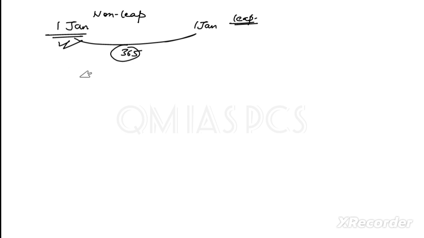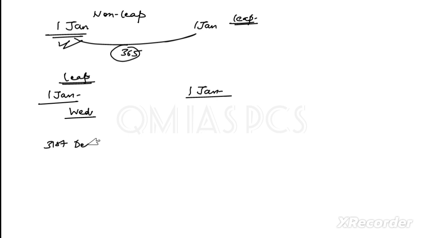So when we are taking 1st January and this is a leap year, and next year obviously is a non-leap year, and we are saying this is 1st January, this is Wednesday, so 31st December will be what? 31st December will be Thursday.